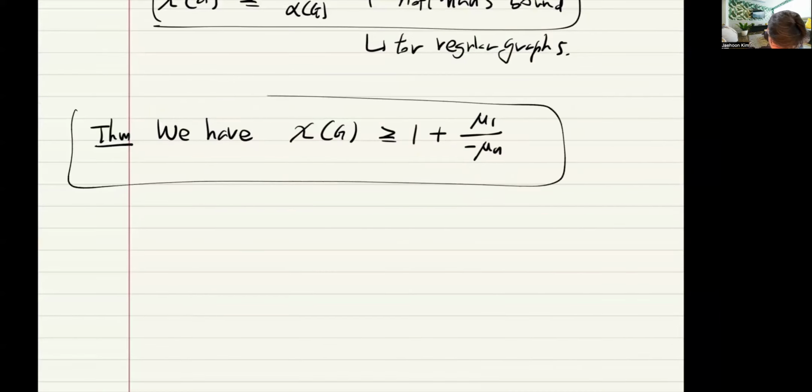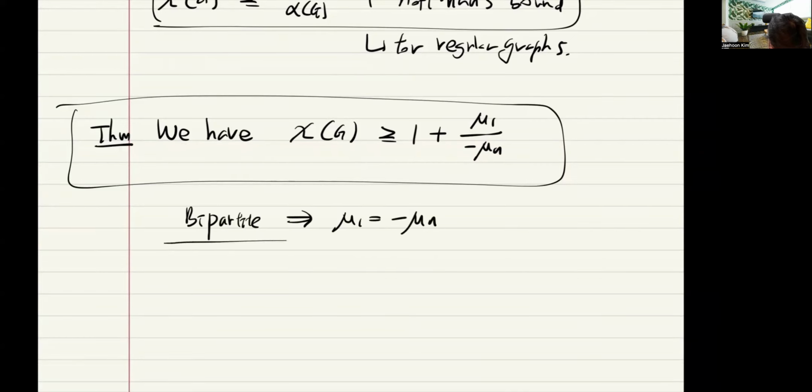This is actually a generalization of the theorem that we showed before, that a bipartite graph implies that mu1 is the same as negative mun. In fact, the other direction also holds.